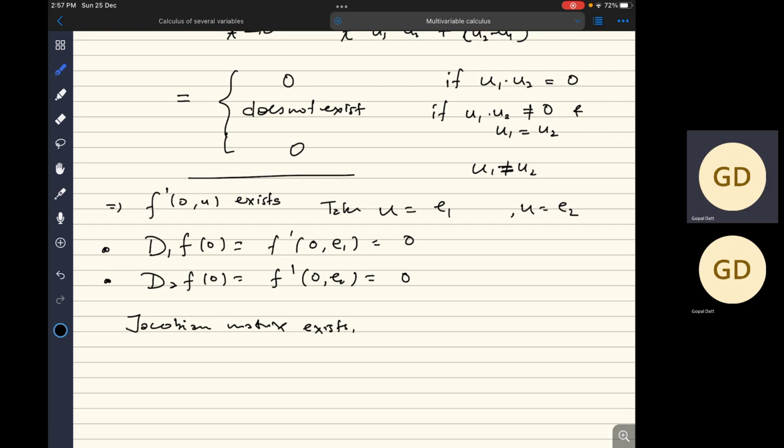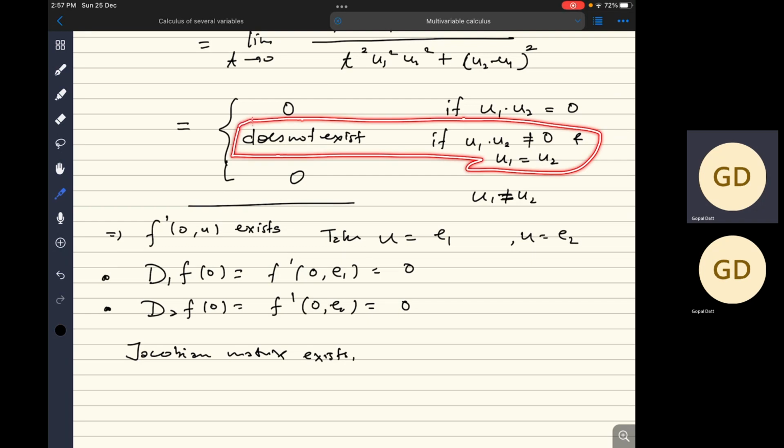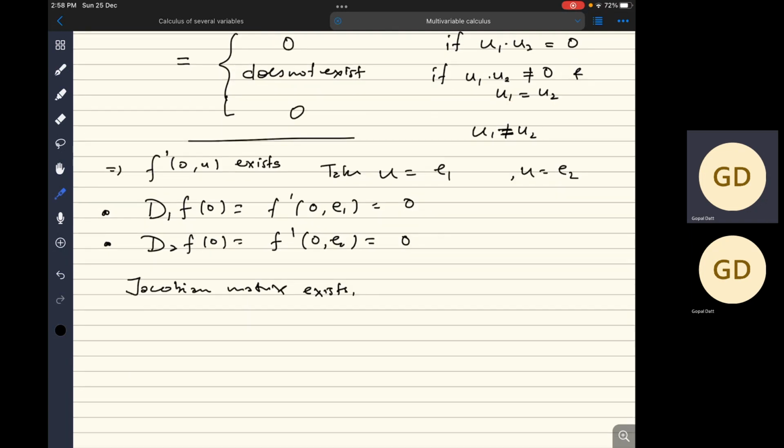Also, you see, this function cannot be differentiable as f dash 0 u is not defined. In this case, f dash 0 u does not exist, so the function is not differentiable. If this function were differentiable, then all directional derivatives should exist. But in this case, there are several directional derivatives which do not exist.